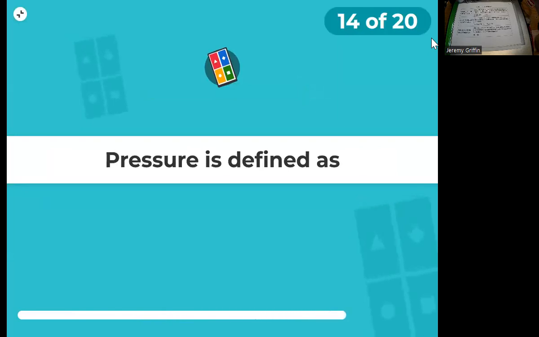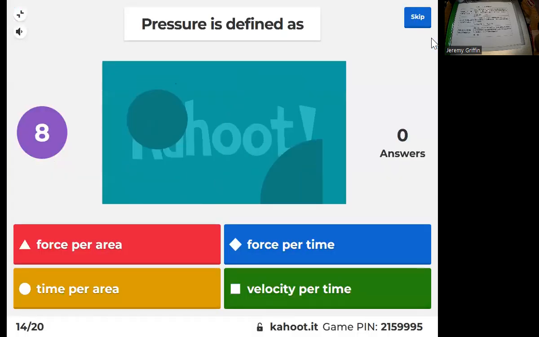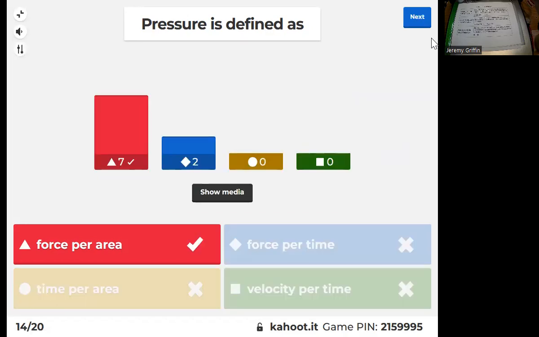Pressure. Yeah, force per unit area. We talked about pressure in a few different contexts with a few different units. Guys, what is one unit for pressure? PSI? And what does PSI stand for?